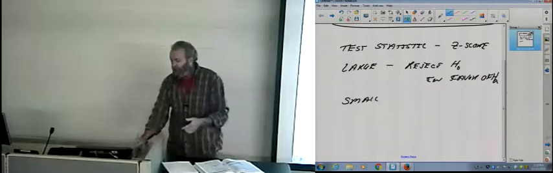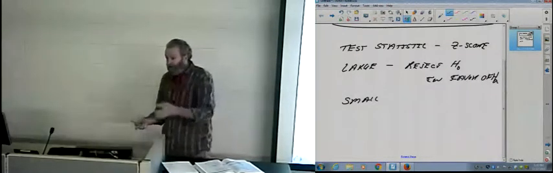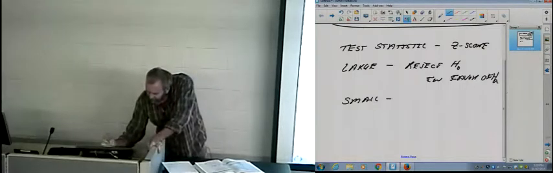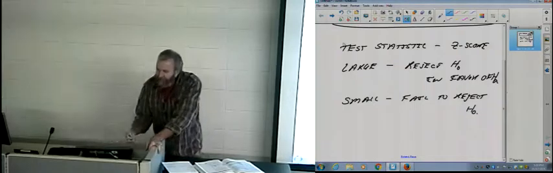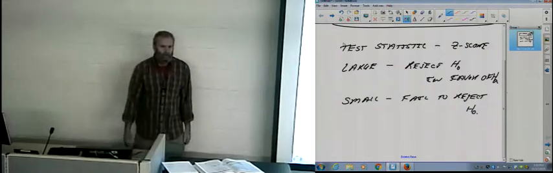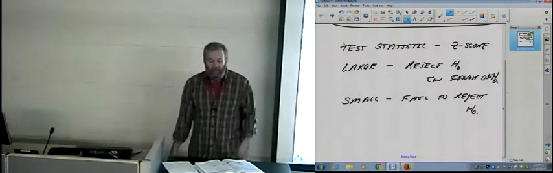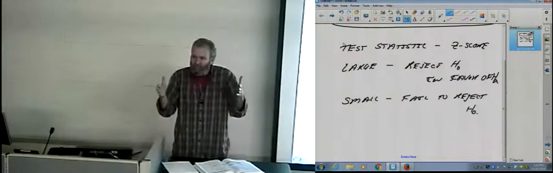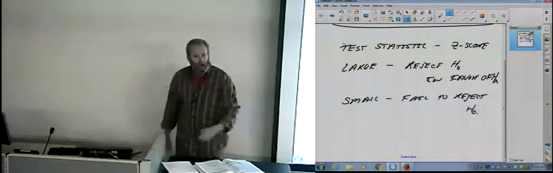So, in terms of whether I believe the null or the alternative, all I'm going to tell you here is fail to reject H0. At this beginning of these tests of significance, you never prove that the null hypothesis is true. Just because you got a small z-score, you're not very far away with your x-bar, that doesn't mean the null hypothesis is true.